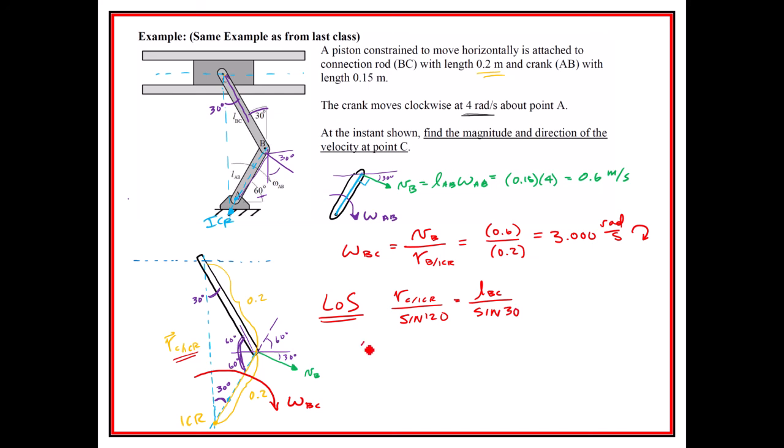So R C with respect to ICR is equal to 0.2, that's the L BC, divided by the sine of 30 times the sine of 120.